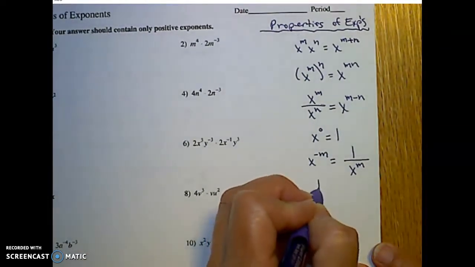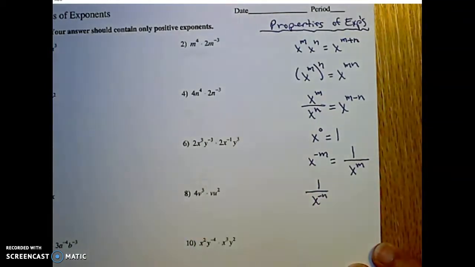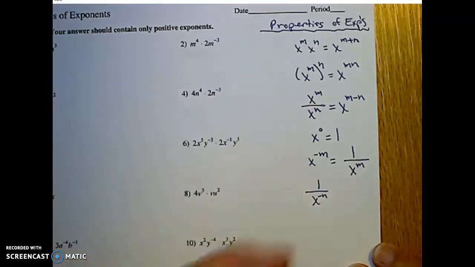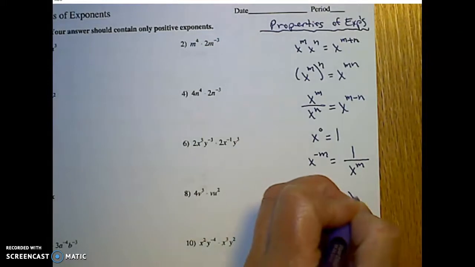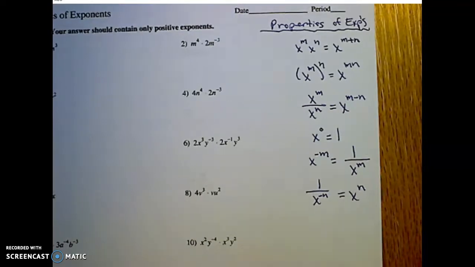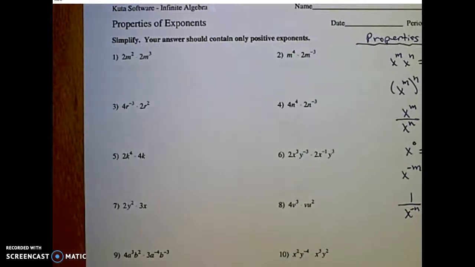Or if you ever had a negative exponent in the denominator, again, it's a reciprocal, so it's going to move up and become positive. It becomes x to the positive n power. I don't know if that helps to have those handy, but I'm just going to go through a few of these, and the rest you can finish on homework. At least you'll have something to look at.